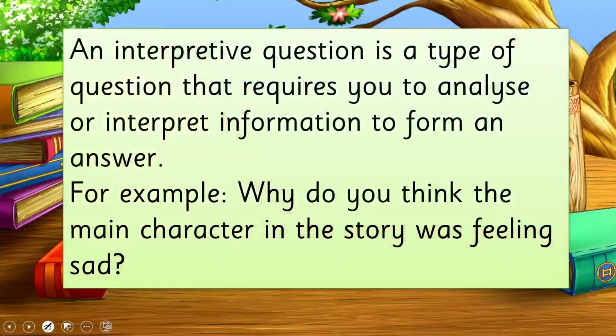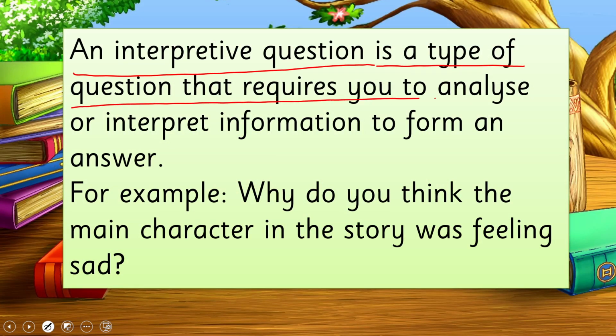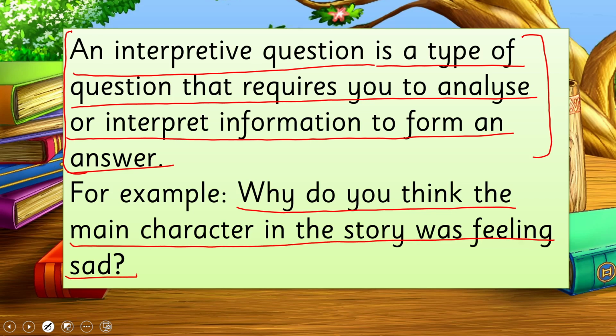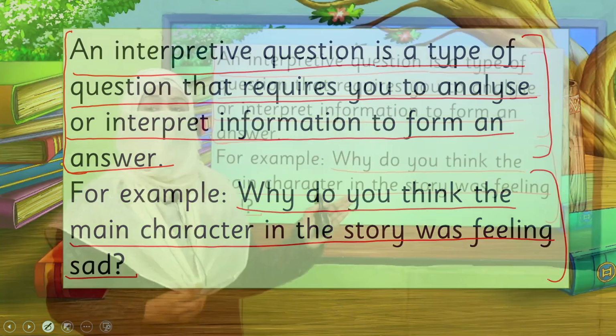And the third type is an interpretive question. It is a type of question that requires you to analyze or interpret information to form an answer. Beta, this is typically from the text you are reading. For example, why do you think the main character in the story was feeling sad? You have to answer this in the light of the text.